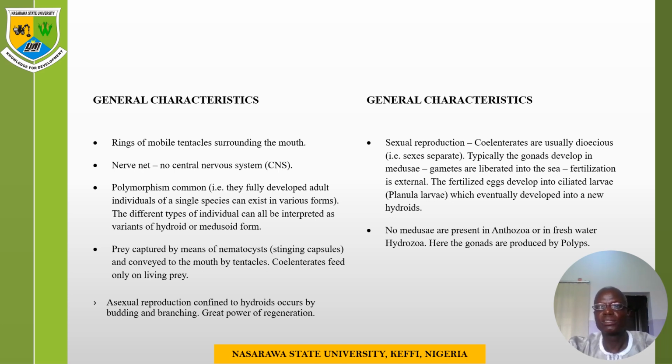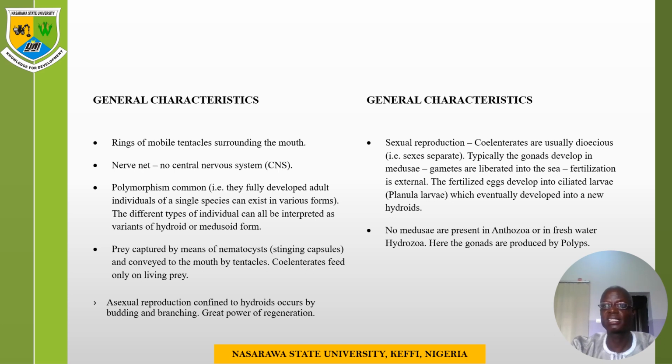Sexual reproduction also occurs. Coelenterates are usually dioecious, that is, the sexes are separate. This means that they have male individuals and female individuals. Typically, the gonads develop in medusae. Gametes are liberated into the sea, and fertilization is external.